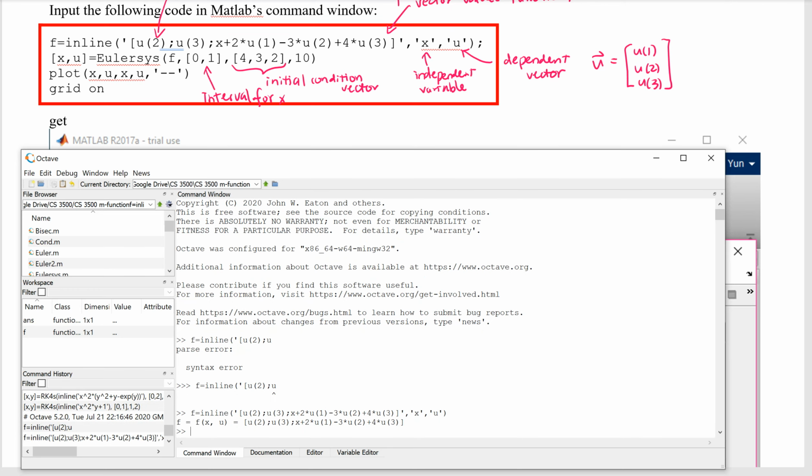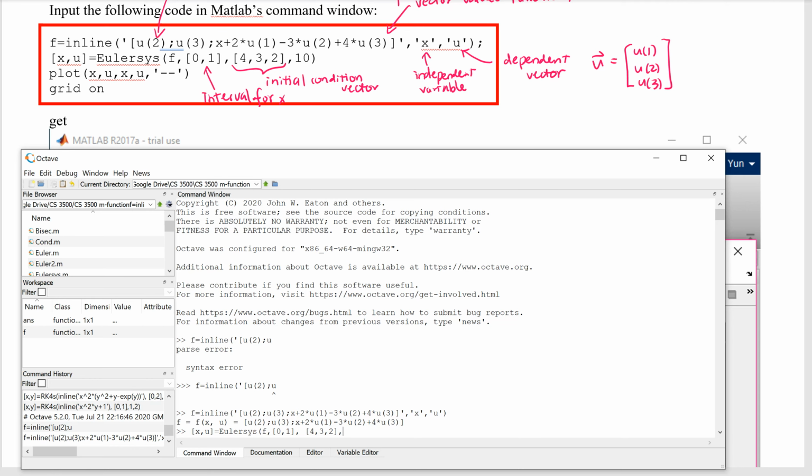That's F. And then we can do [x, u] equals Euler sys, and then we have F. The interval x is from 0 to 1. And then the brackets, this is the row vector of the initial conditions. So 4, 3, 2.